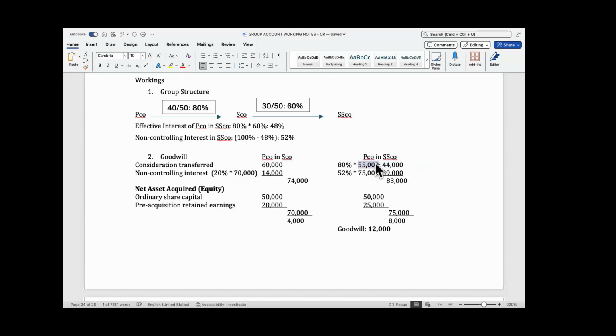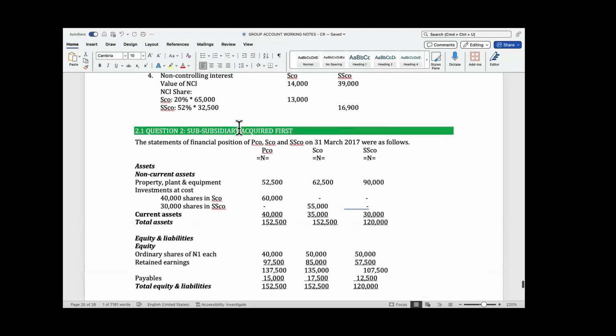Because we have 55,000 in the account, if you use 44, your account will not balance. So if a parent paid 80% of what ESCO paid in SSCO, constituting the fact that yes, the parent actually paid 44,000 to have his holding in SSCO, who paid the remaining 20%? Is NCI.